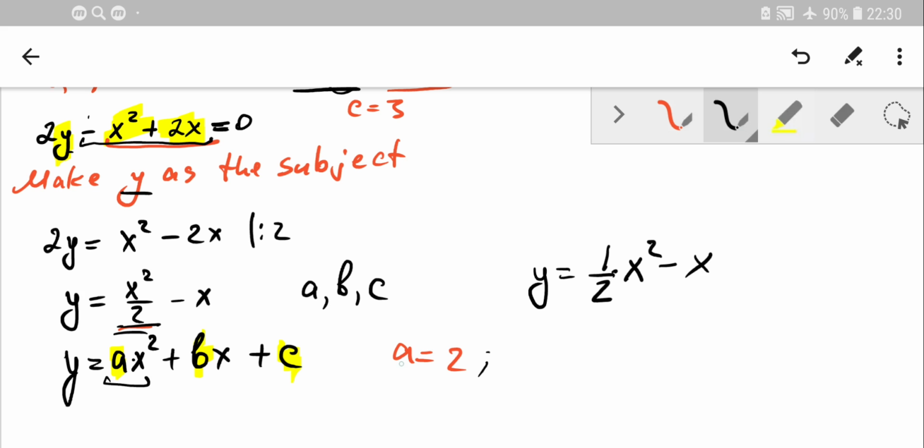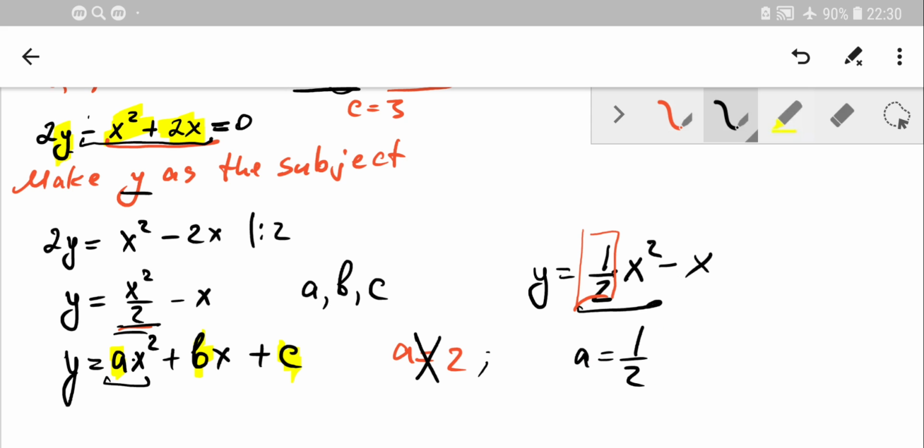So a equals 2 is not correct. Before trying to figure out what a stands for, you need to see that 1 over 2 is the factor before x squared, so the whole 1 over 2 is exactly the coefficient before x squared. So a is 1 over 2.